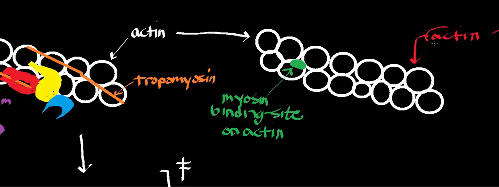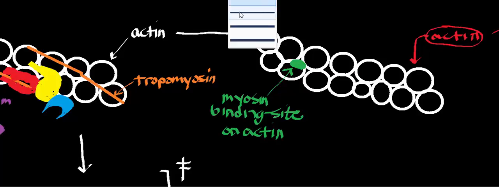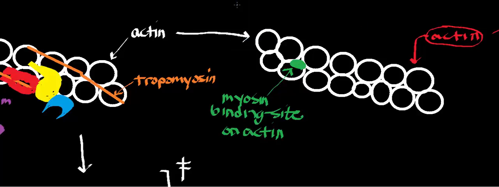So number one, I just mentioned that these white circles right here, okay, those are representative of actin proteins. And so this whole thing right here is going to be basically the thin filament. Okay, it's going to represent the thin filament, and we know, of course, that the monomers of that is basically actin.